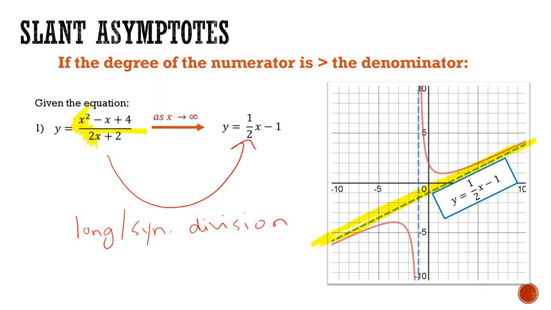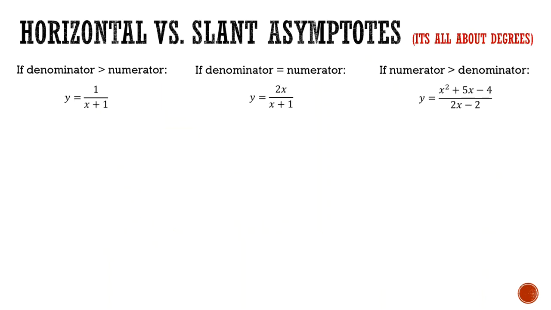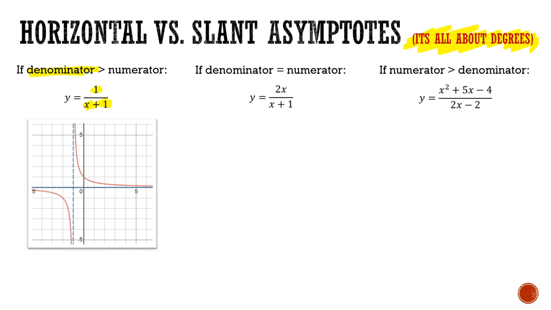So, in summary, horizontal versus slant asymptotes. It's all about the degrees, right? If the denominator is larger, then you've got a small number divided by a large number, right? And we're just looking at degrees here. And you're going to end up with a horizontal asymptote at y equals 0.